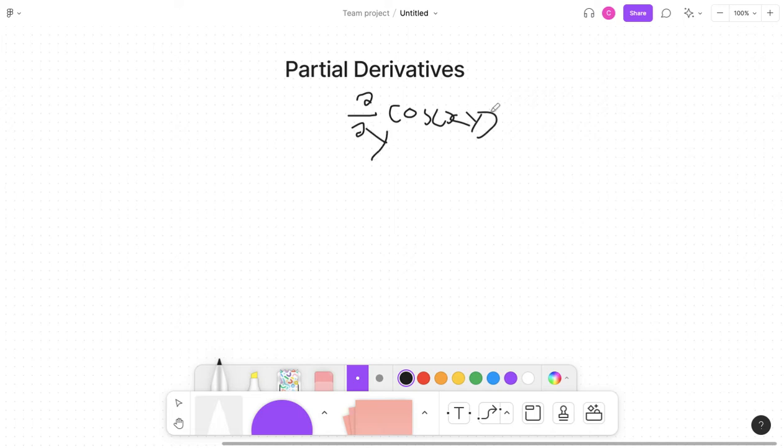Oh, dang it, I made the y too big. I don't care. So still negative sine xy, but this time it would be x on the outside because y becomes 1. So there, that's it.